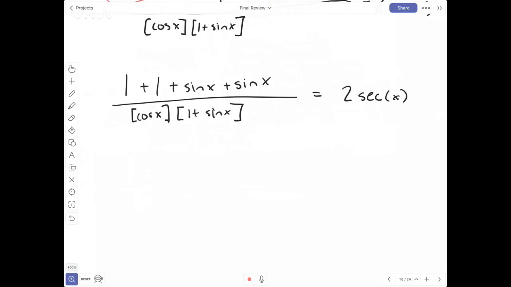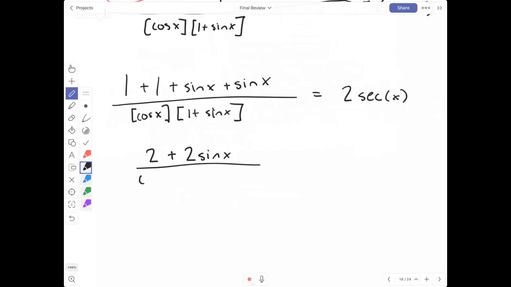But 1 plus sine x plus 1 plus sine x is going to make 2 plus 2 sine of x. Same denominator, cosine x times 1 plus sine x. And it still equals 2 secant x.